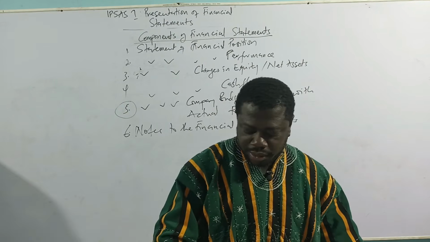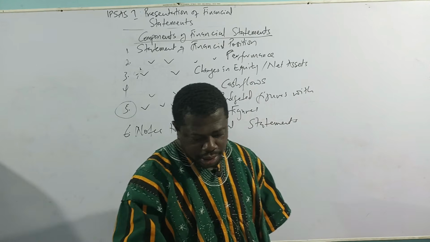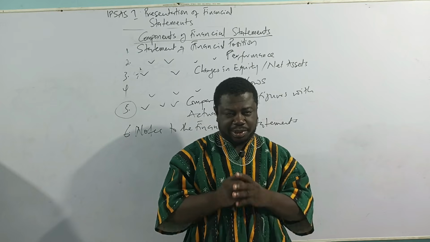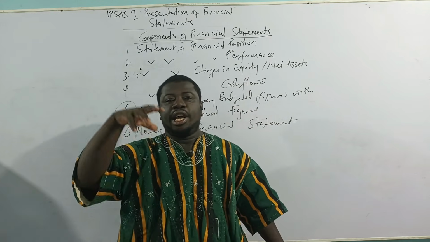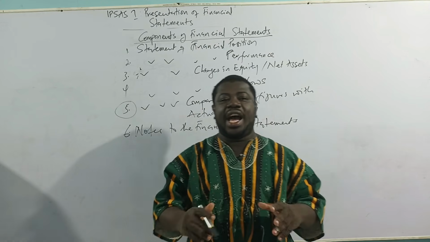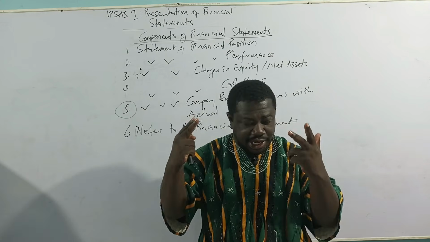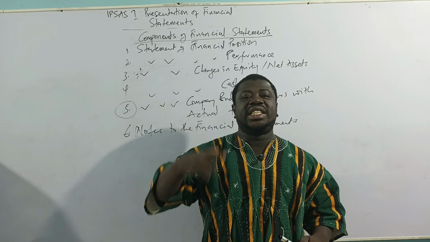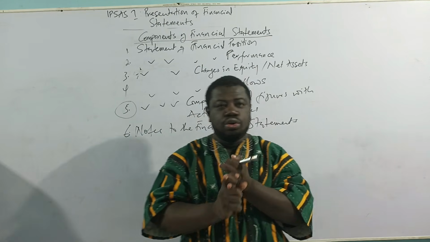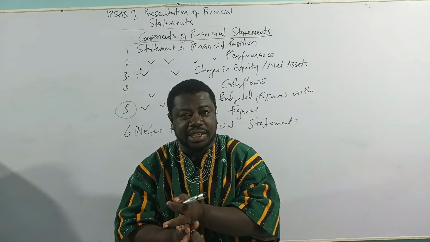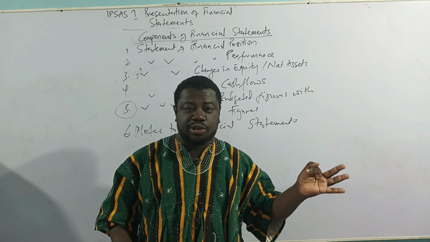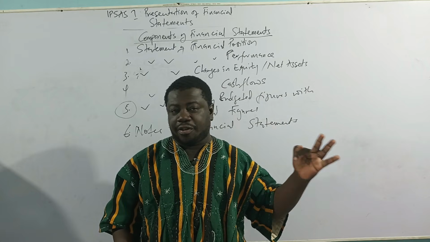Okay. Now, let us look at the purpose of financial statements according to IPSAS. Now, the purpose of financial statements according to IPSAS is to provide information about, please take note: 1, the financial position of the organization, 2, the financial performance of the organization, 3, the cash flow position. These 3. And it is almost the same as what we know from the conceptual framework for financial reporting.